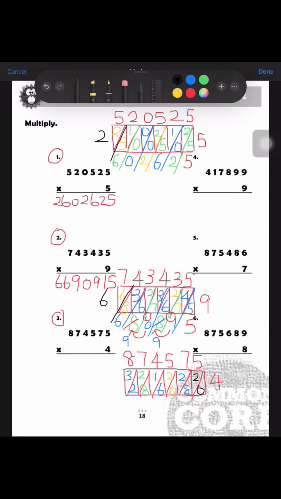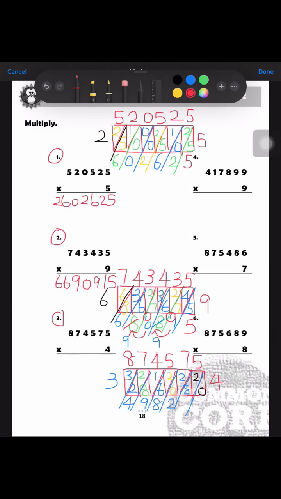And then we add the numbers down the diagonal strip. So the first strip is 3. And next 2 plus 2 equals 4. And then 1 plus 8 equals 9. And then 2 plus 6 equals 8. 2 plus 0 equals 2. And 2 plus 8 equals 10.